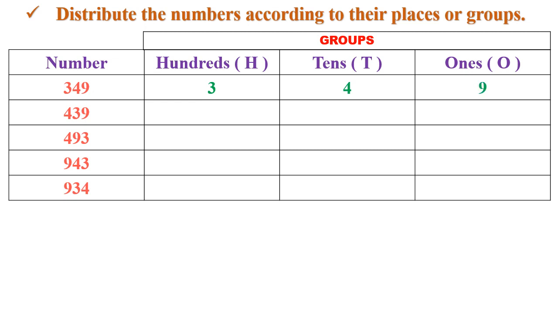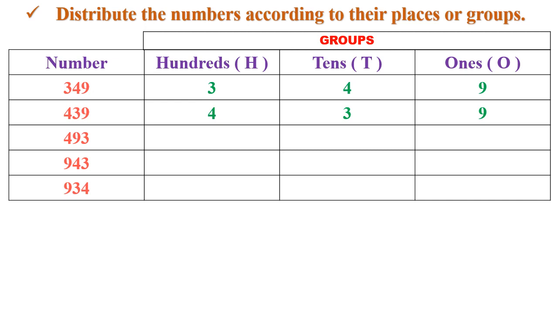Now your other number is 439. Here 4 is in the place of hundreds, that's why in the hundreds column we have to put 4. Now 3 is in the place of tens, that's why in the tens column we have to put 3, and 9 is in the place of ones, that's why we have to put 9 in the ones column.